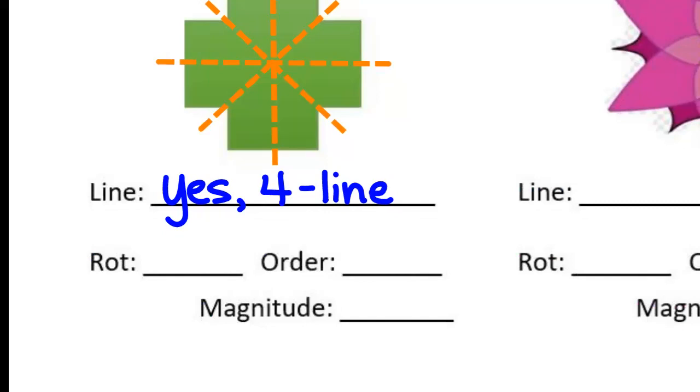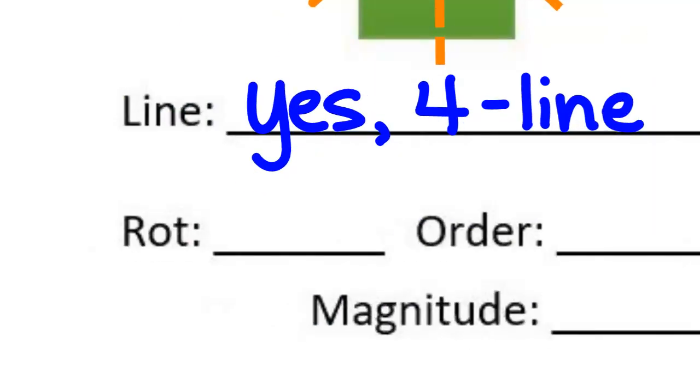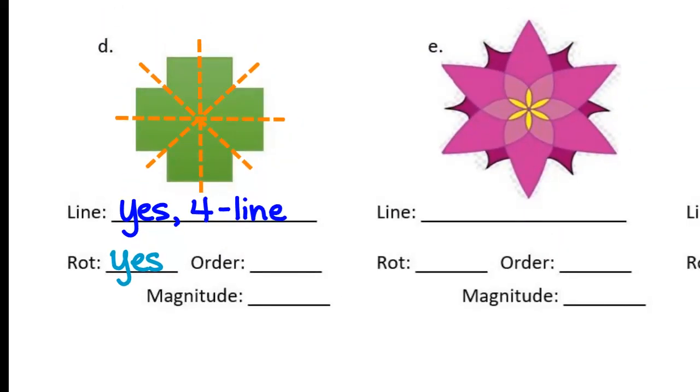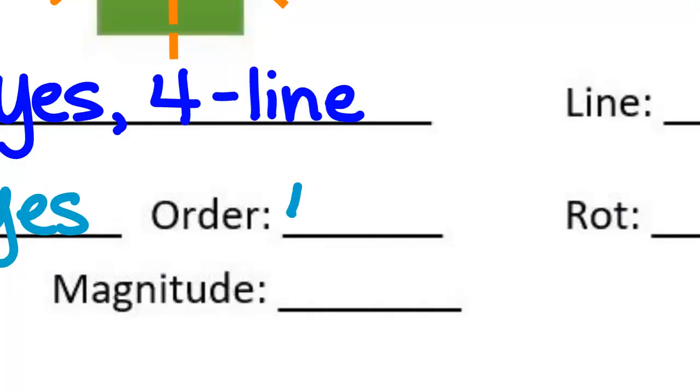Do we have rotational symmetry? Yes. With an order of what? What do you think our order would be here? 4, or fourfold.